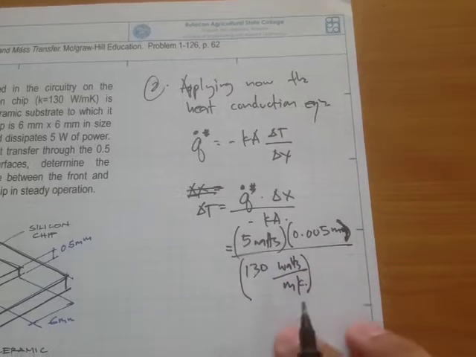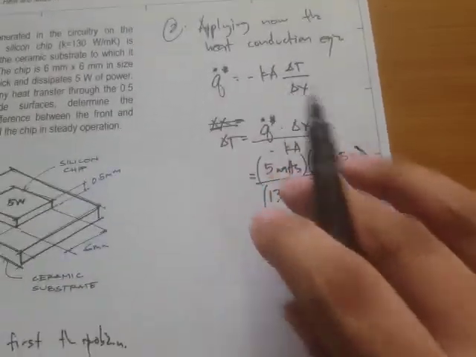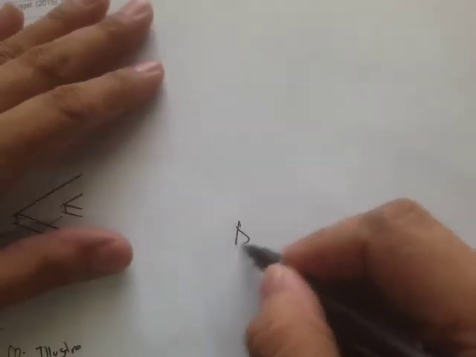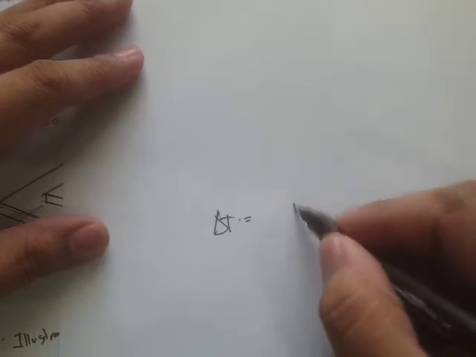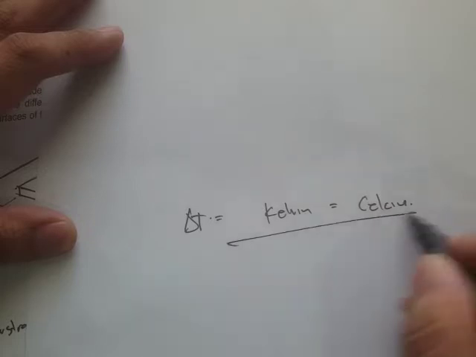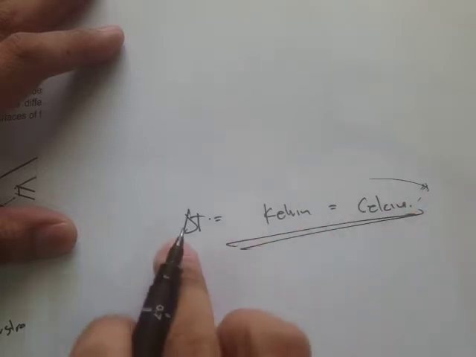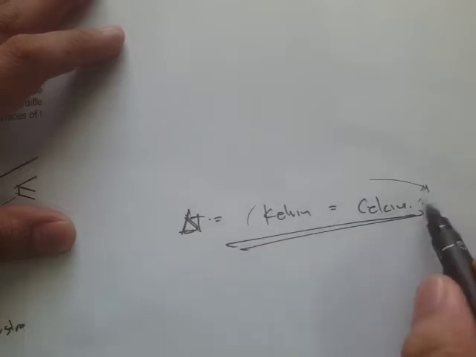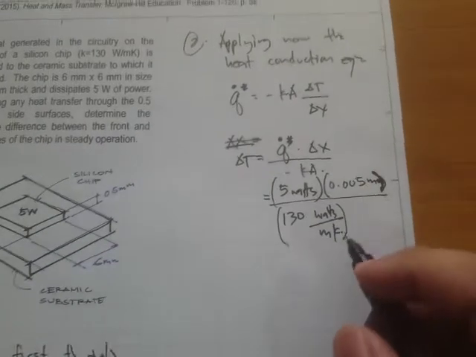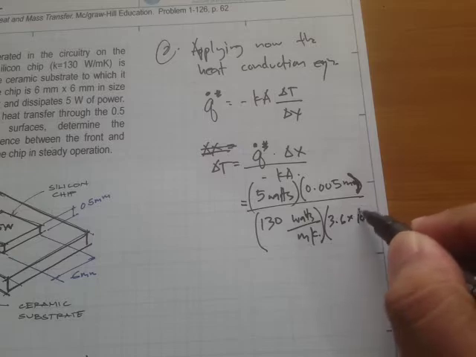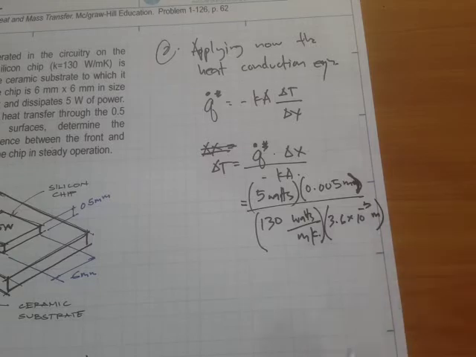So take note, by the way, that when we talk about delta T, the Kelvin is equal to the Celsius. So whenever we are going to solve for delta T, the Kelvin is just equal to the Celsius, so you don't need to convert one to the other. And the area is 3.6 times 10 to the negative 5, again in meters squared.